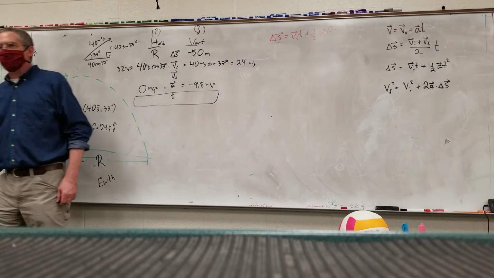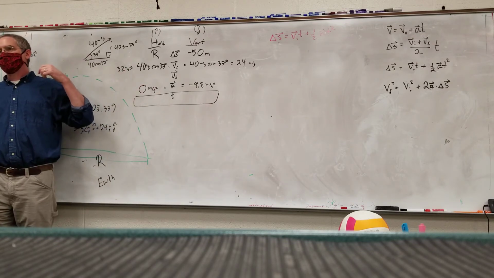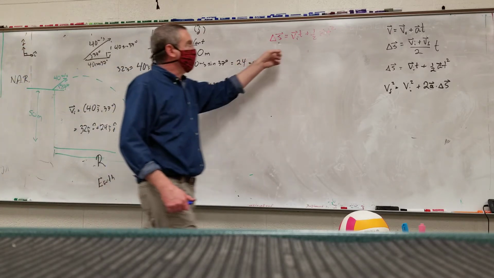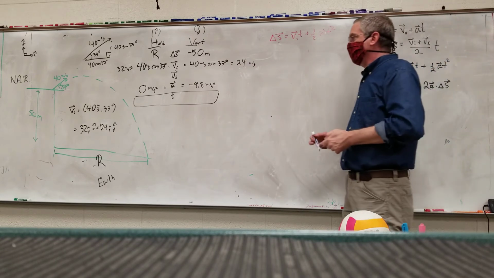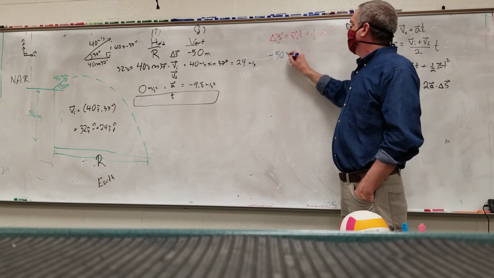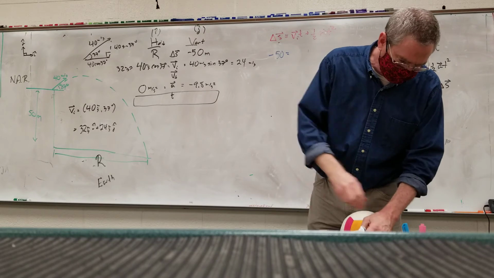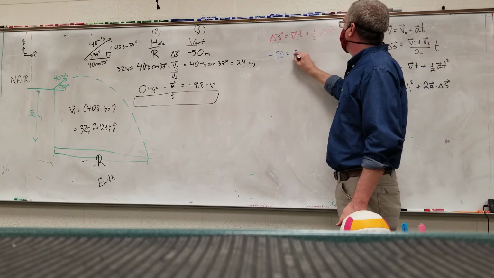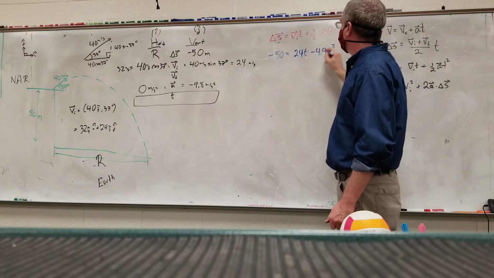If I plug the horizontal information into it, will I be able to find time? No. Why not? You don't have displacement. And so we're left with the vertical. Vertical is what actually limits how long the thing is in the air. And so I have negative 50 equals 24t minus 4.9t squared.